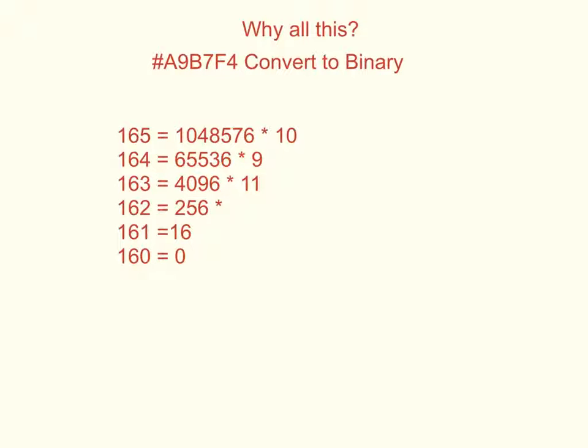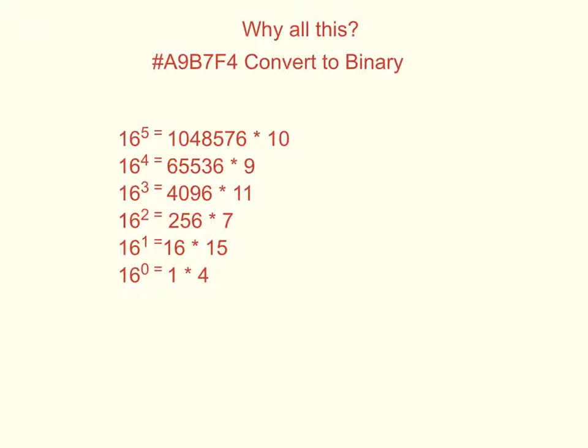Multiply 256 times 7. 16 will be multiplied by F, which is 15. And the last one will be multiplied by 4. Take a moment to punch these out on your calculator. I did have to make one quick correction: 16 raised to the 0 is actually equal to 1.